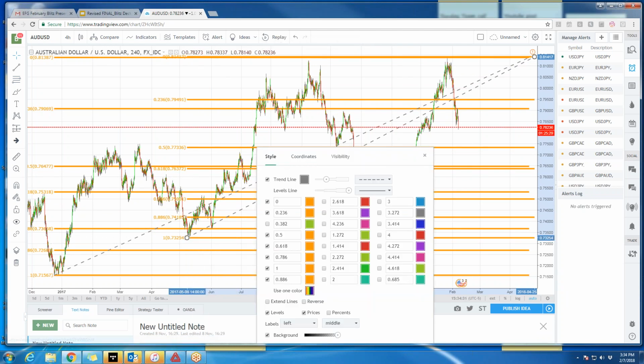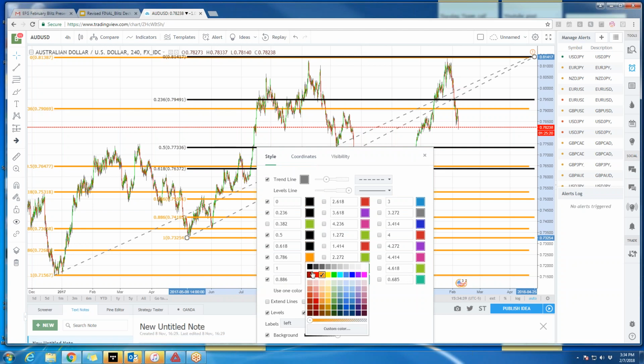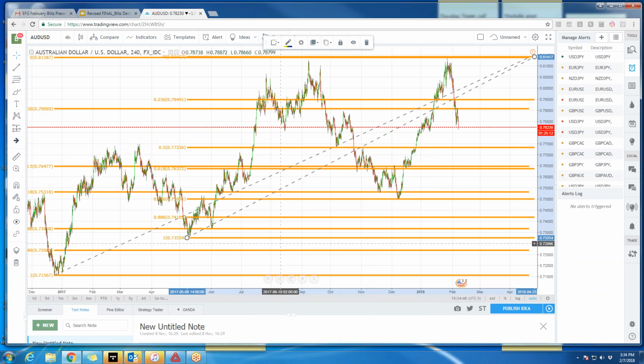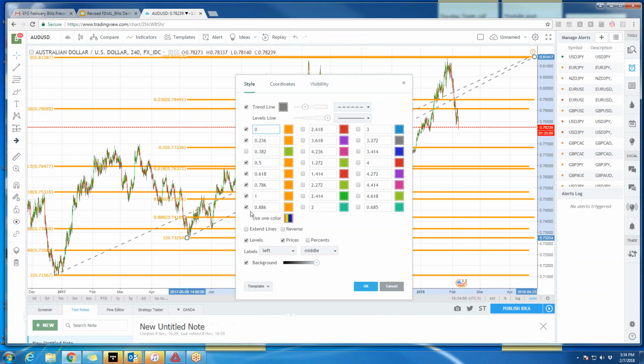what I like to do is change my colors, just so I can remember which Fibonacci is going where.